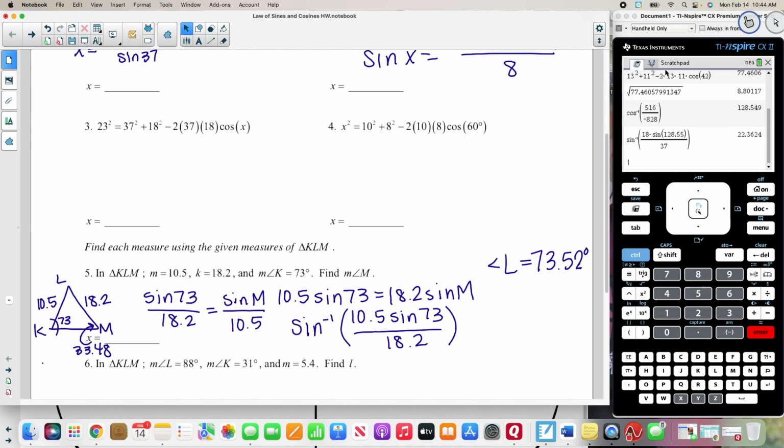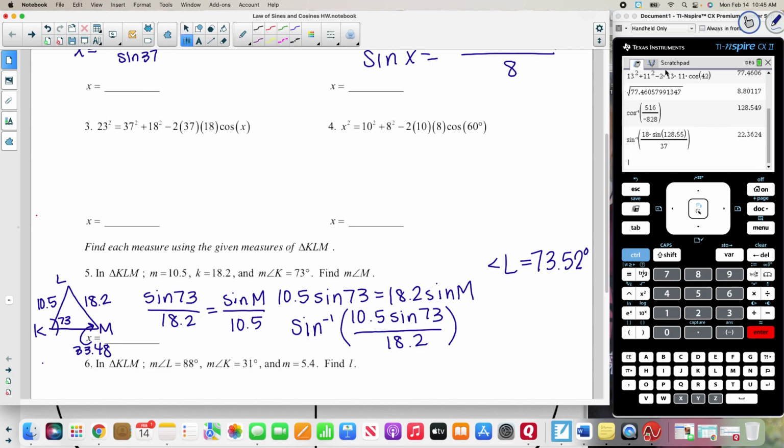Okay, so what is 23 squared? 529. Now, you can go ahead and do 37 squared plus 18 squared and just get that one number. So what is 37 squared plus 18 squared? 1693. And it's minus 1332, since 2 times 37 times 18 is 1332.